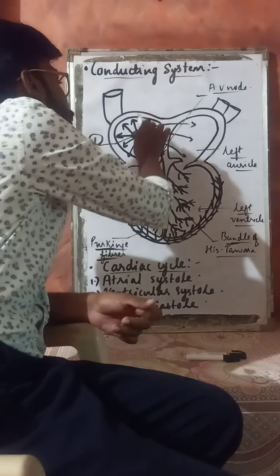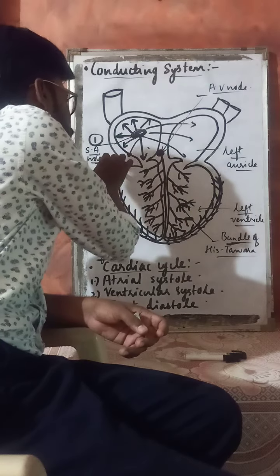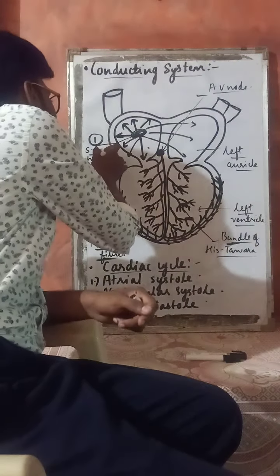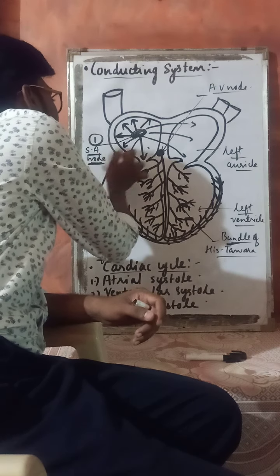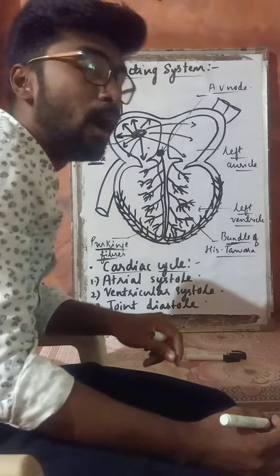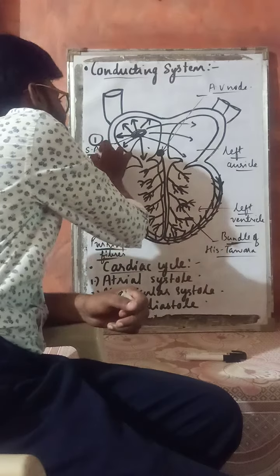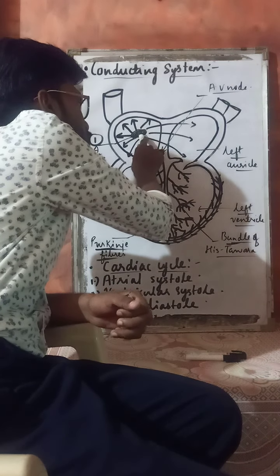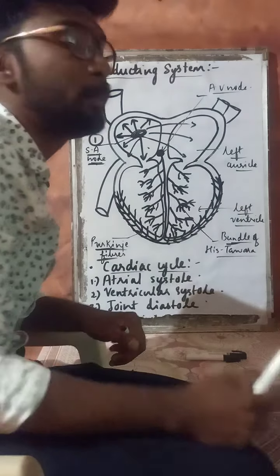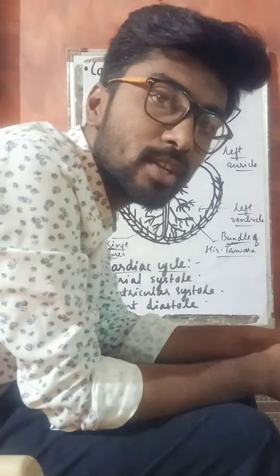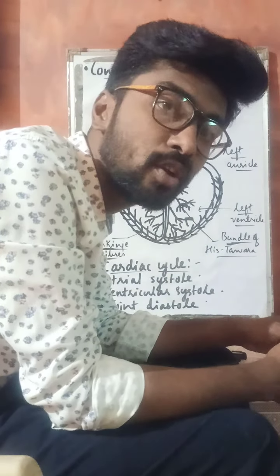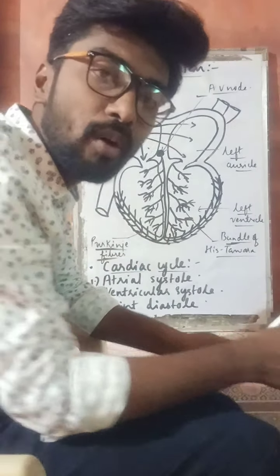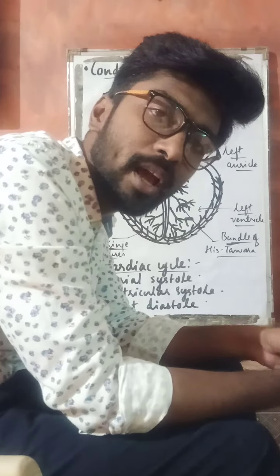They are called SA node. Now this right atrium which contains SA node is generally called the pacemaker of the heart. Now, why is SA node called pacemaker of the heart? Because the first impulse originates from SA node and it maintains the pace or the duration between first and the second contraction, right? तो SA node को हम लोग बोलते हैं pacemaker of the heart. क्यों इसको pacemaker बोला गया है?